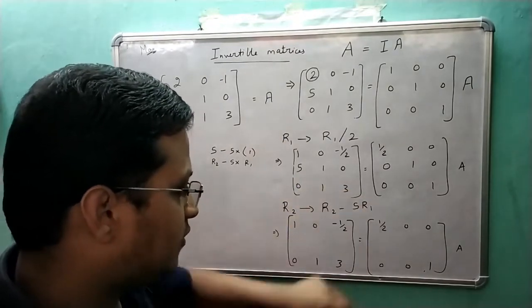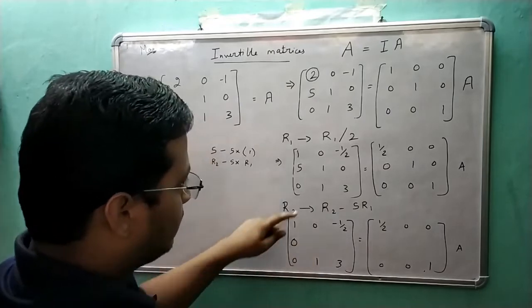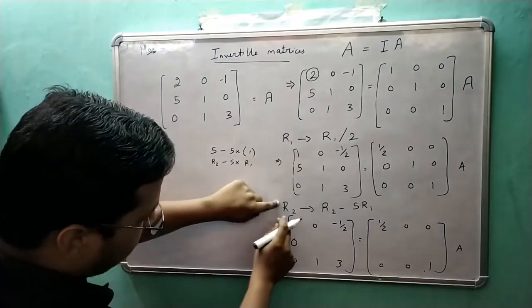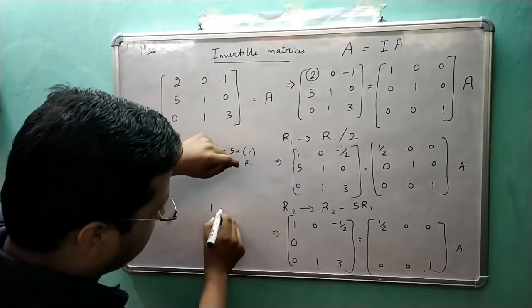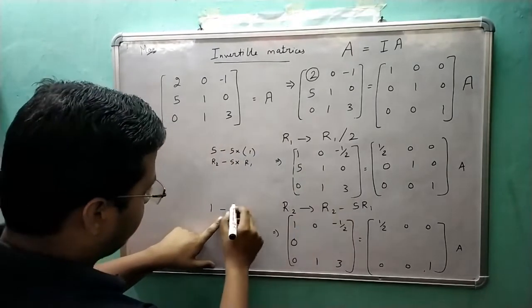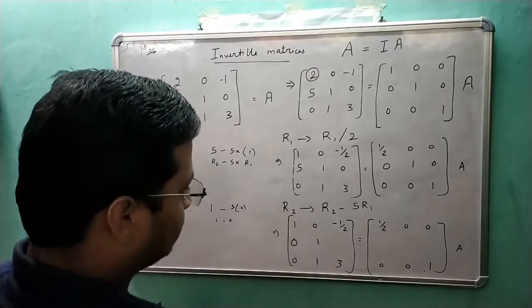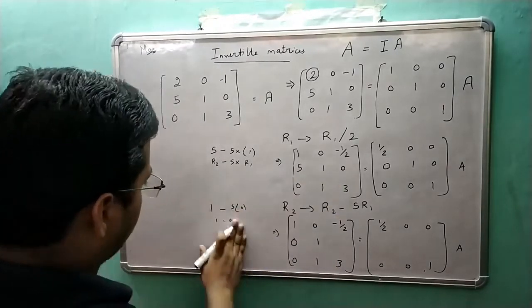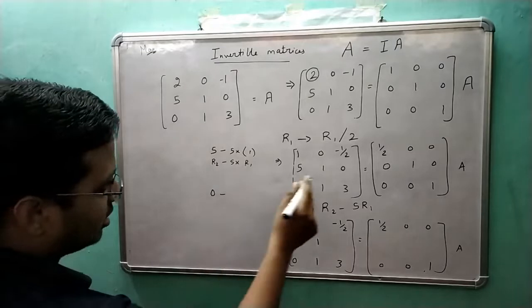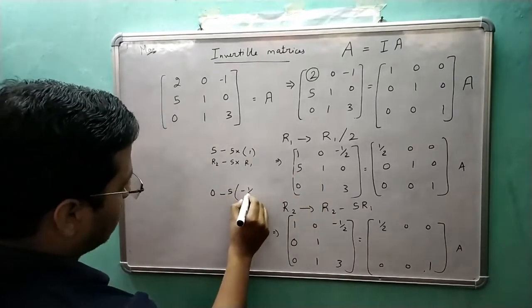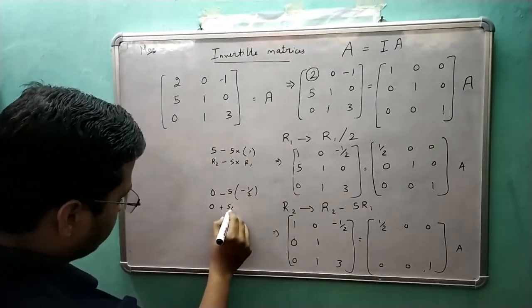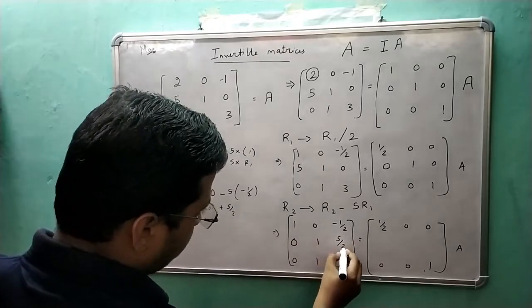So 5 minus 5 will be 0. The 1 changes to 1 minus 5 times 0, so 1 minus 0 is 1. Here we have 0. So 0 minus 5 times minus half, so 0 plus 5 by 2. So this will be 5 by 2.